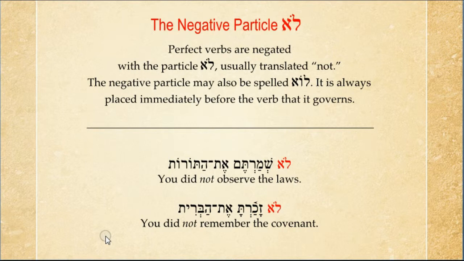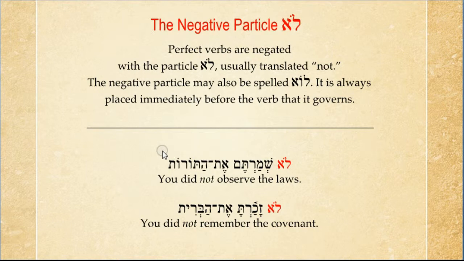But look, for example, at this sentence. We talked about Hebrew being a verbal language and words flowing with the verbs in front. Well, here you have a negation in front of the verb. Look at this sentence. It says, Lo shmartem et hatorot. And it translates as not you kept or observed. The et is a definite direct object marker.